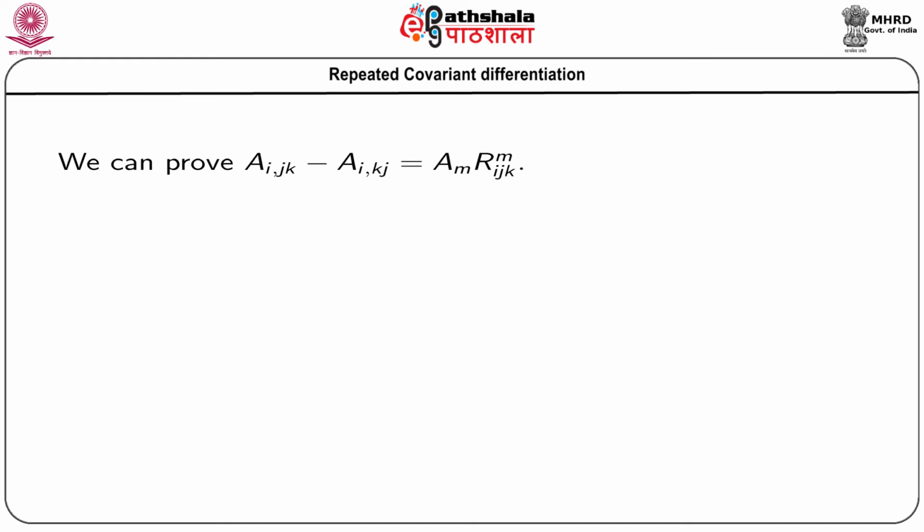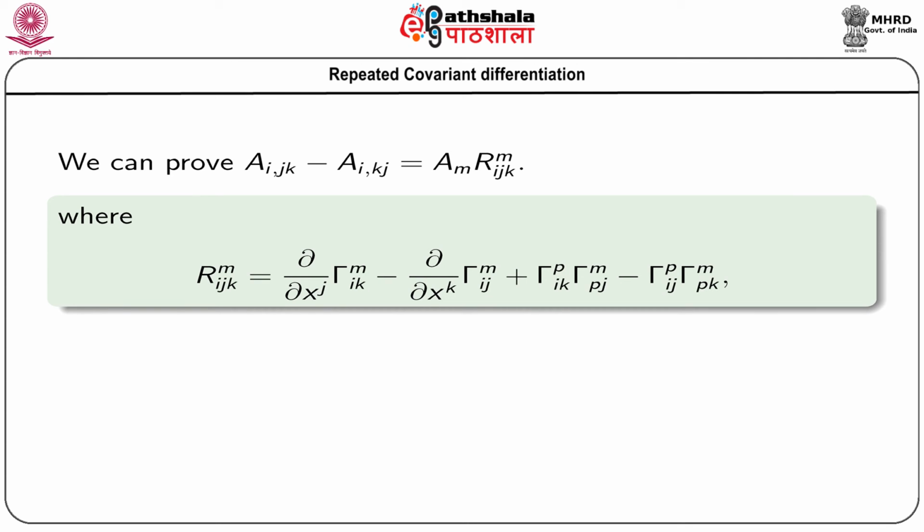Now, we can easily prove that a_i,jk minus a_i,kj: if I perform a_i,kj, and the expression of a_i,jk is given above, then if we subtract, we get the expression a_m R^m_ijk, where R^m_ijk equals ∂/∂x^j Γ^m_ik minus ∂/∂x^k Γ^m_ij plus Γ^p_ik Γ^m_pj minus Γ^p_ij Γ^m_pk.